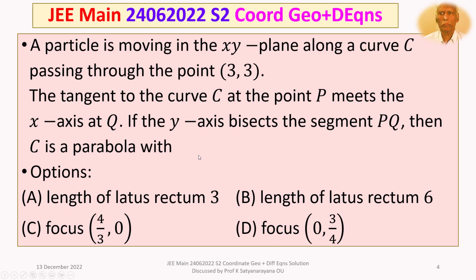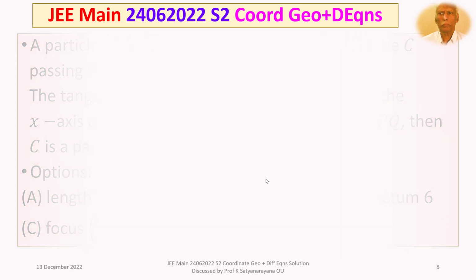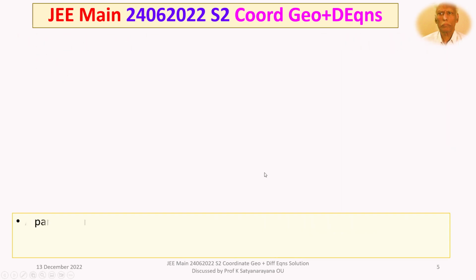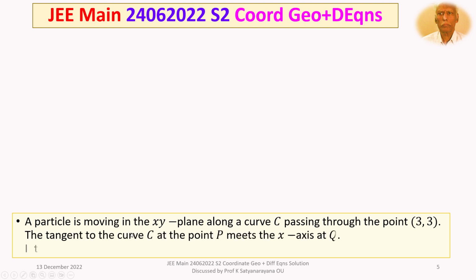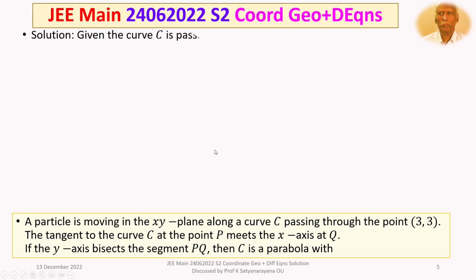We have to show that this curve C is a parabola with one of the properties given in the options. That's the given problem. We now discuss the solution in detail.